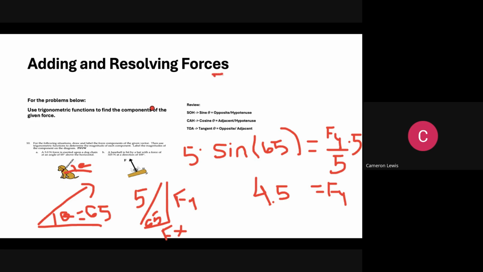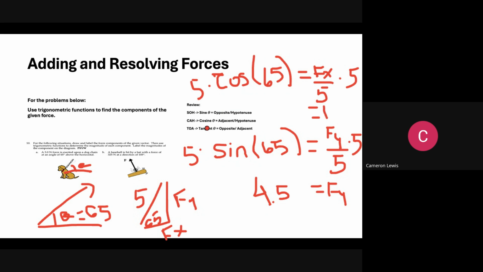So let's do cosine of 65 is equal to F of x over 5. We just multiply by 5 each time, so we're left with F of x is equal to 5 times cosine of 65. What is 5 times the cosine of 65? Somebody who has a calculator?